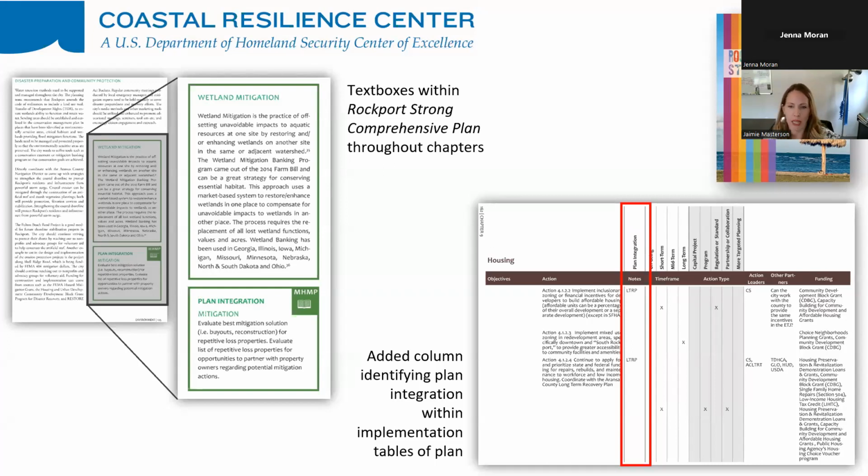At the back of the planning document, that piece on the right is essentially the implementation table, which has all of the different action items and policies within the plan. And we also added a new plan integration column there to just, again, point out that this action doesn't come from nowhere.